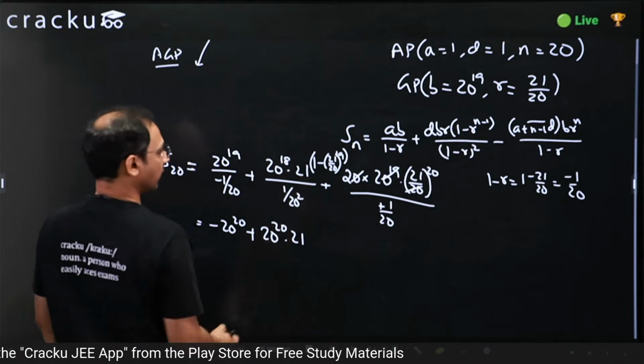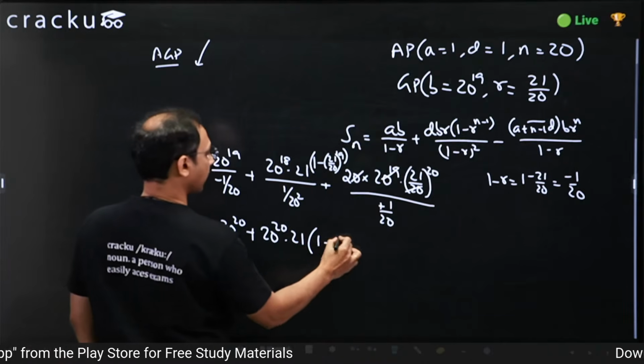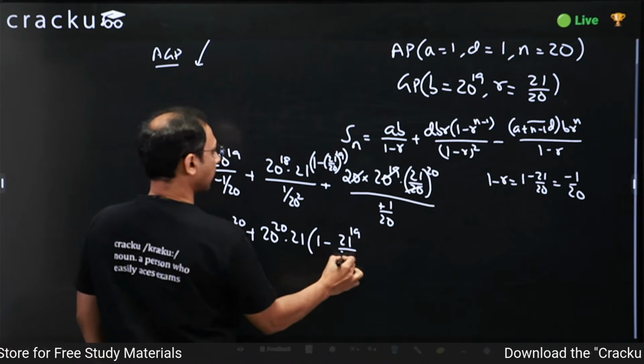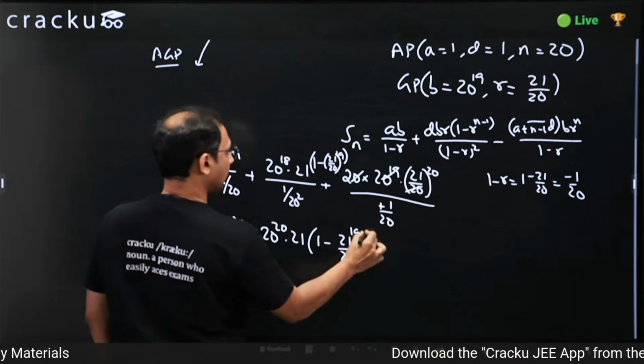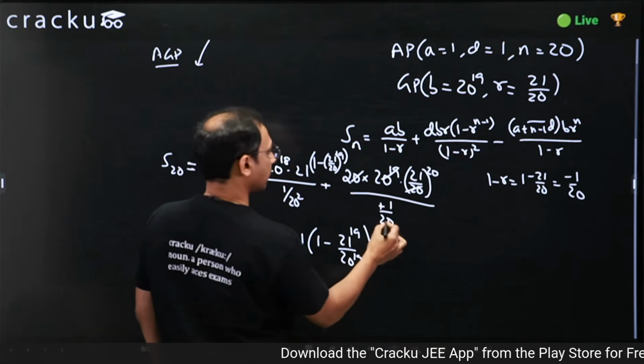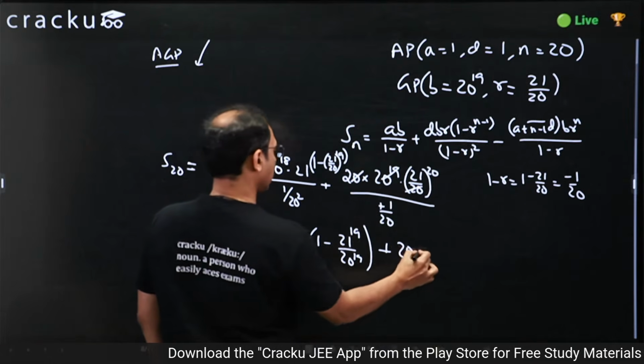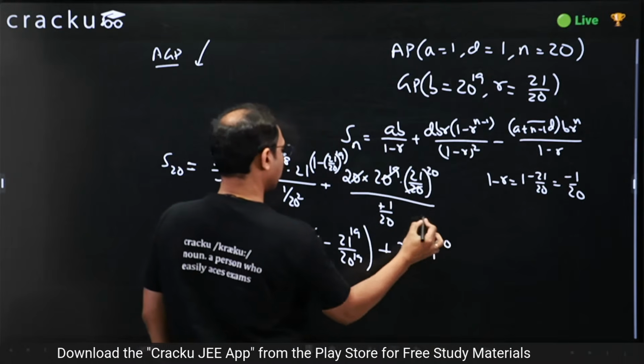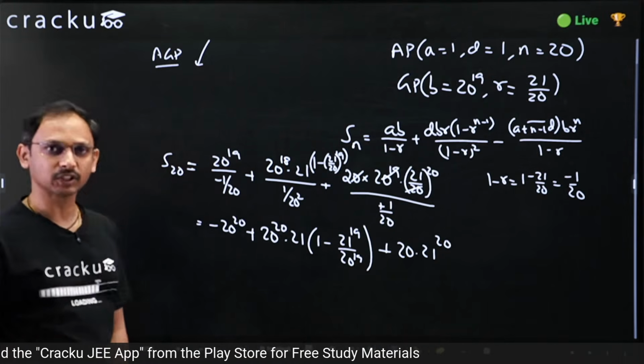Here I have 20 power 20 into 21 into 1 minus 21 power 19 by 20 power 19, plus this 20 will go up, 20 into 21 power 20. So this is your summation of the GP.